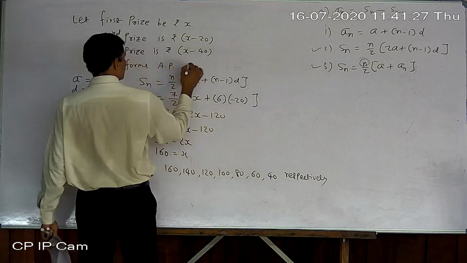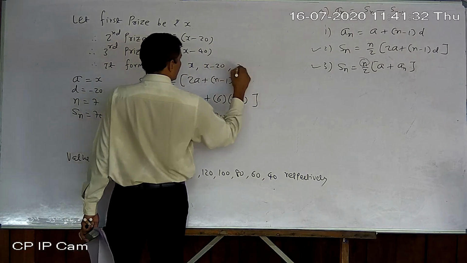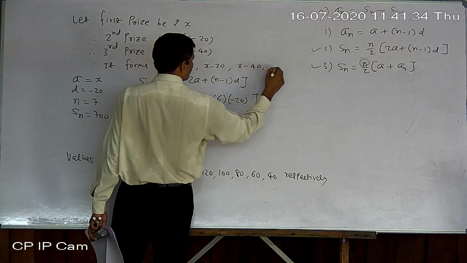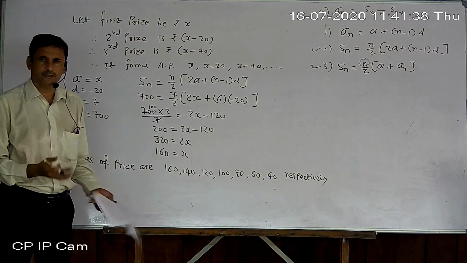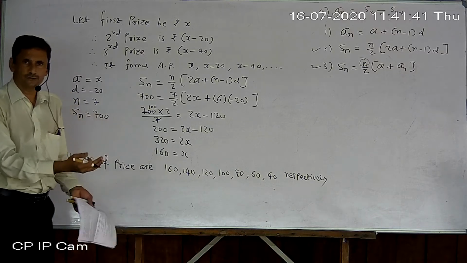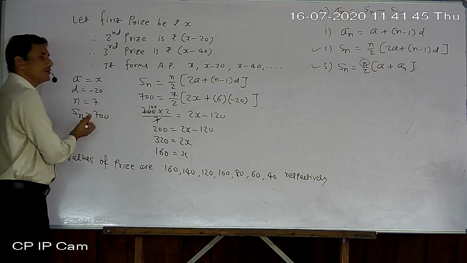We can write it like this also, x minus 20, x minus 40, likewise. Whether it is unknown or known, we have to write it first so that we can make that list very comfortably.